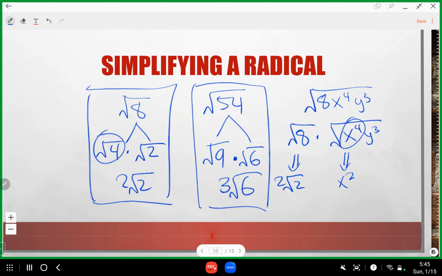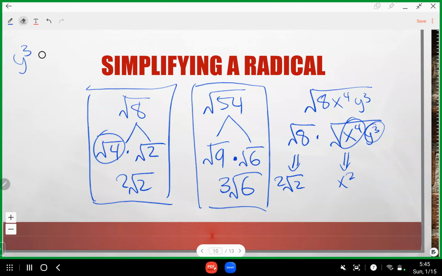Now, how about y cubed? Can it be square rooted? No, but you can simplify it. So how would you simplify? It's y and then the square root of y. Very good.